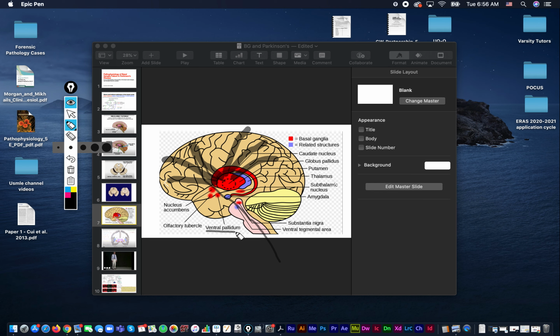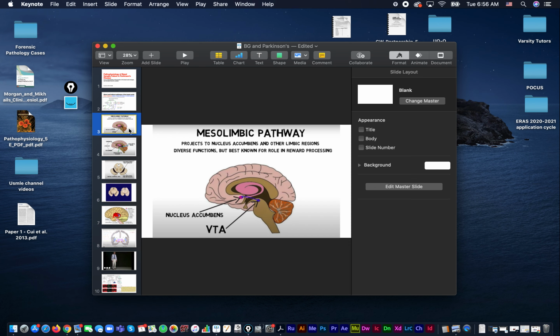Now, the ventral pallidum is one thing that's not really involved in it. Kind of involved in motor, but it's more involved in addiction. So we're going to have to clear up a few things. The mesolimbic pathway, limbic means memory, so the VTA, or the ventral tegmental area, sends dopamine to the nucleus accumbens, and this is different.